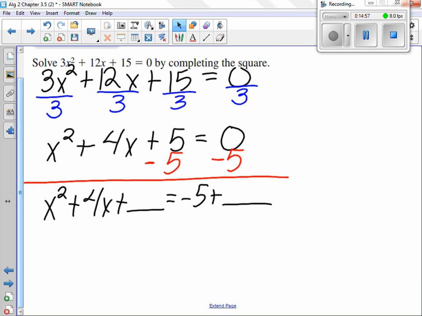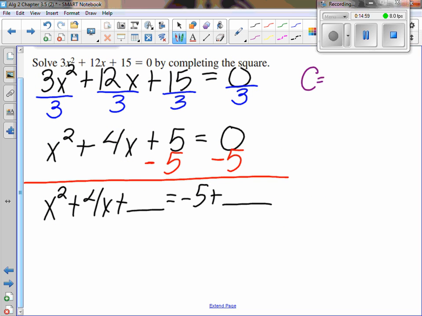Now again, I'm going to move this over a little bit so that we can find the value of c, so that we have a perfect square trinomial with our x squared and 4x.